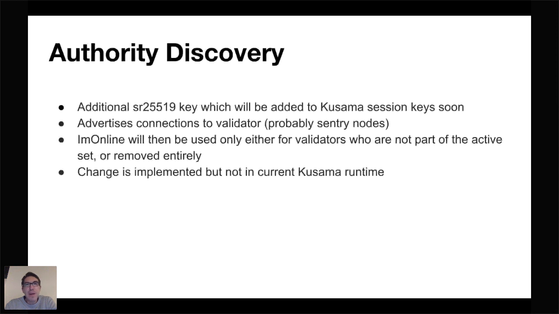Those of you that have set up validators, it's probably going to advertise your Sentry nodes as opposed to the main validator itself. I'm Online, we haven't decided yet whether or not that will be used then for validators who aren't part of the active set, or it may be removed entirely. Again, that decision still hasn't been made. As I mentioned, the change is already implemented. It's on GitHub. You can look at it, but it's not in the current Kusama runtime.